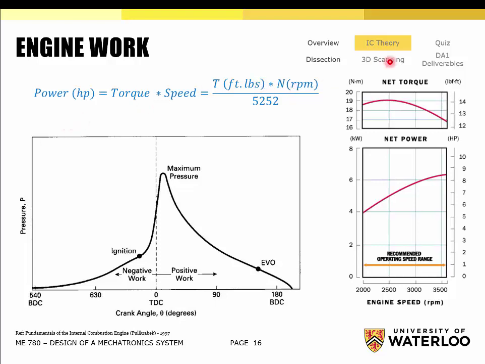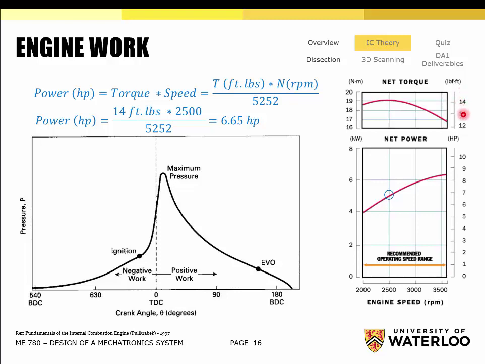So if you remember those performance curves that we had of the engine, let's say I wanted to calculate the power at 2500 RPM. We can clearly see here that the top graph shows the torque and the bottom graph shows the power. Just from the top graph, at 2500 RPM, which is this line here, we have about 14 foot-pounds of torque.